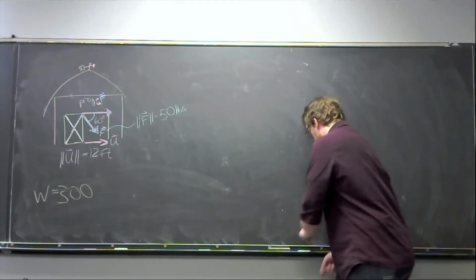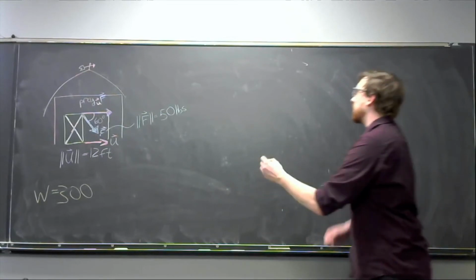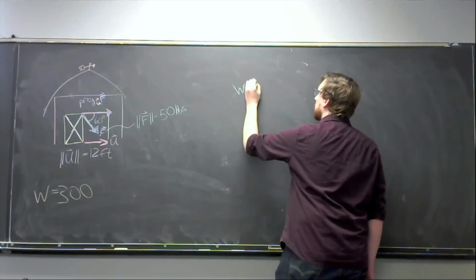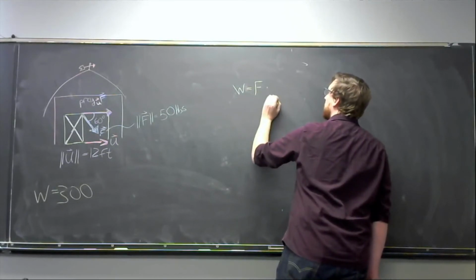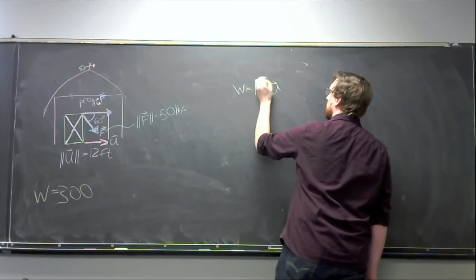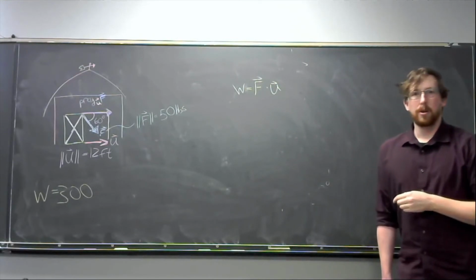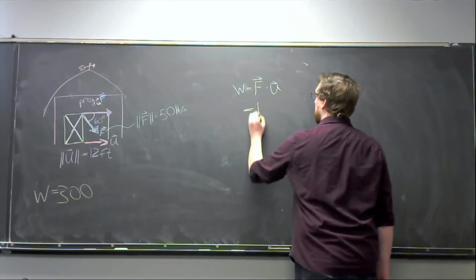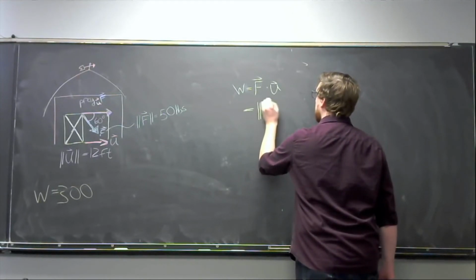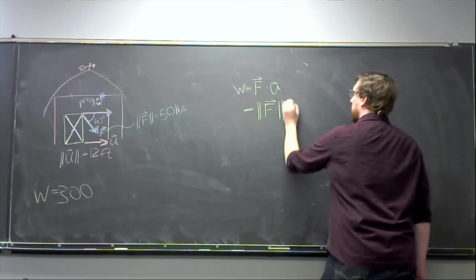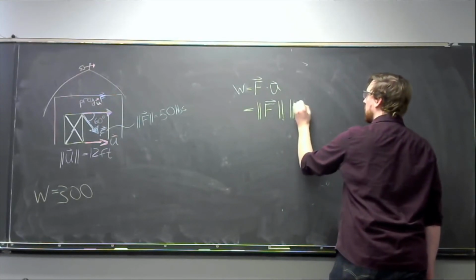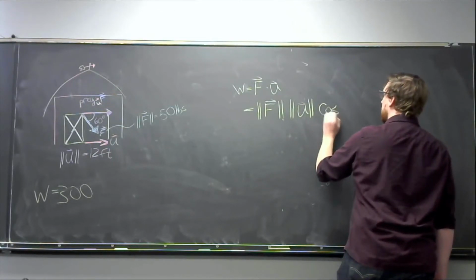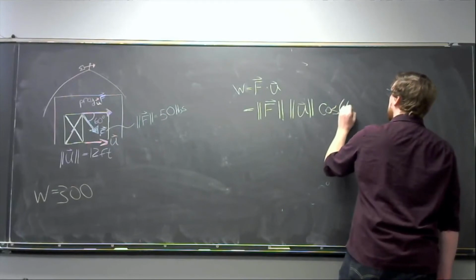So the other way of doing this is to recall that, hey, work is also equal to F dot U. Well, now by that same formula, this is going to be the magnitude of F times the magnitude of U times the cosine of 60 degrees.